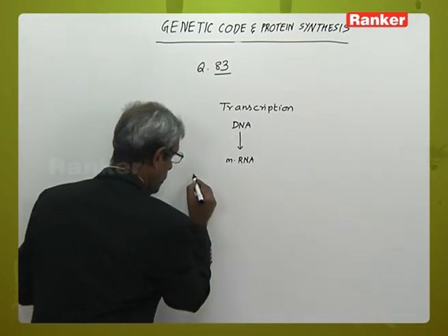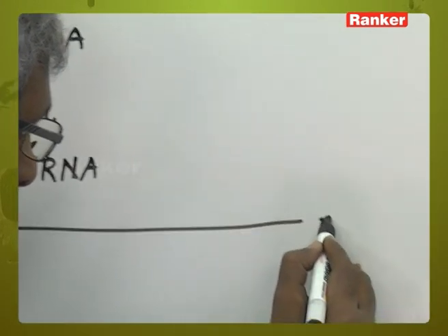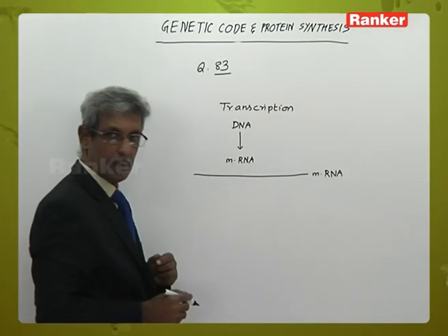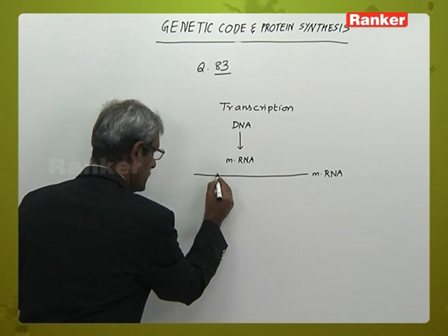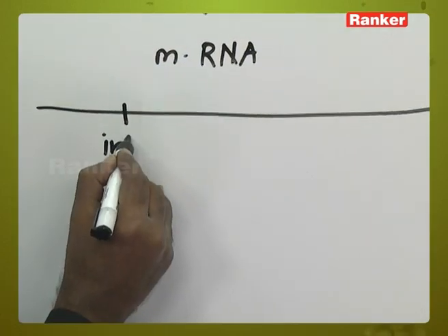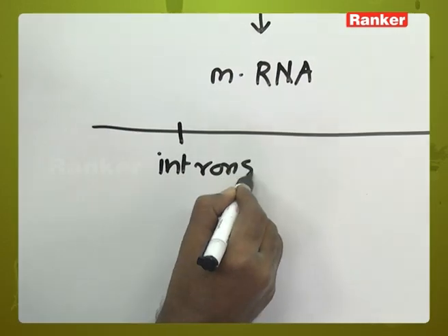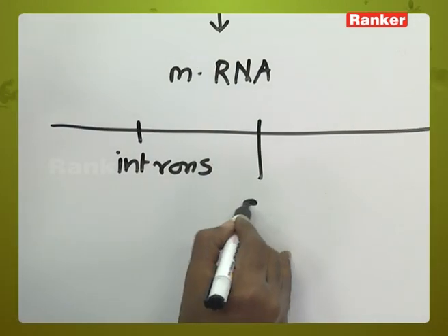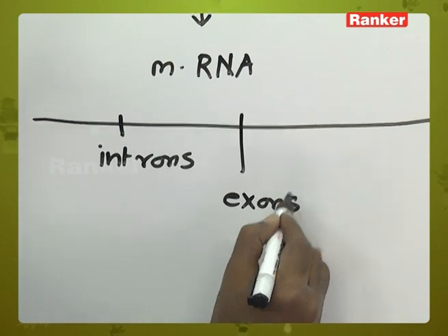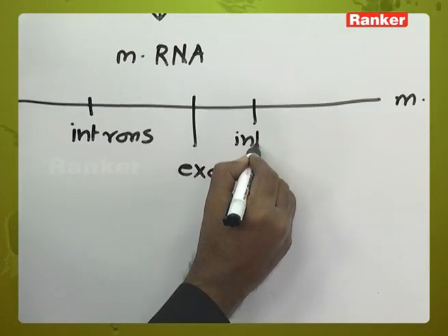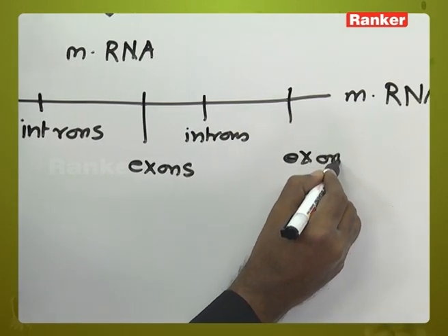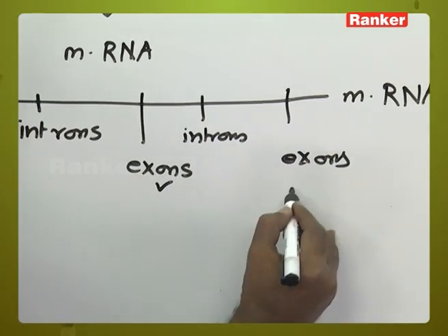The mRNA molecule has introns as well as exons. Exons are coding sequences.